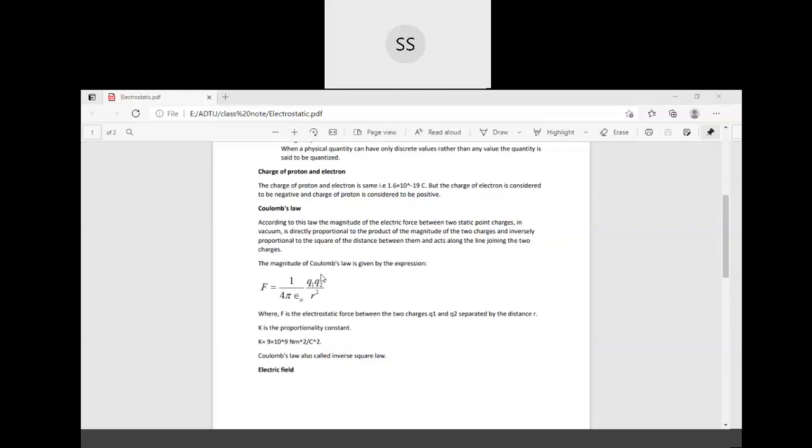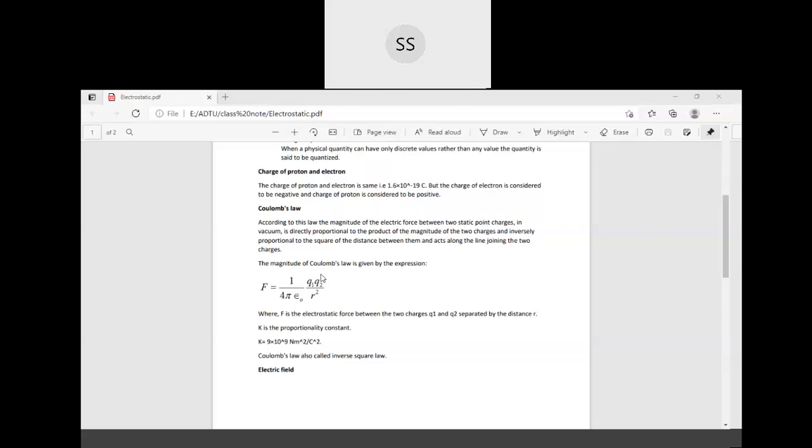That means with the increase of the distance between the charges, the force will decrease. If the distance between the two charges is very large, then the force acting on the charges will be very small. If the distance is very small between the two charges, the force will be higher.